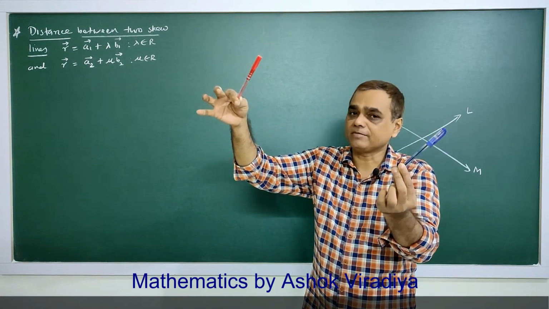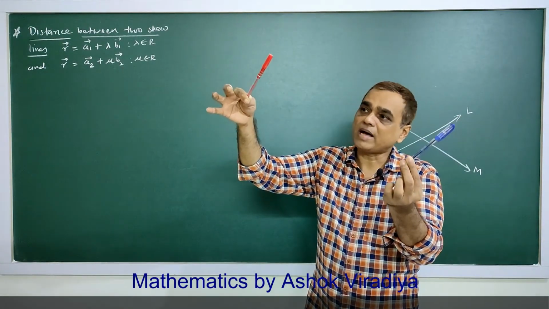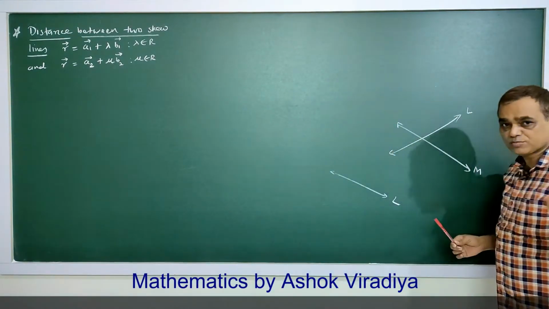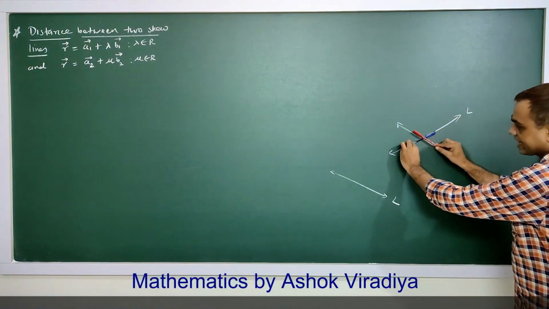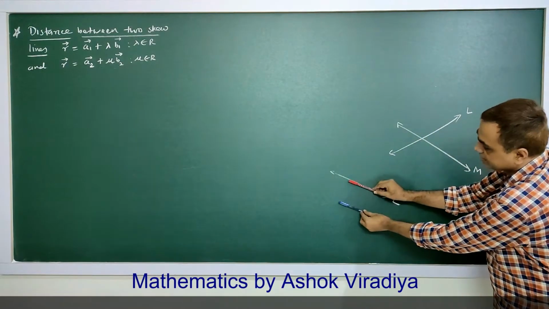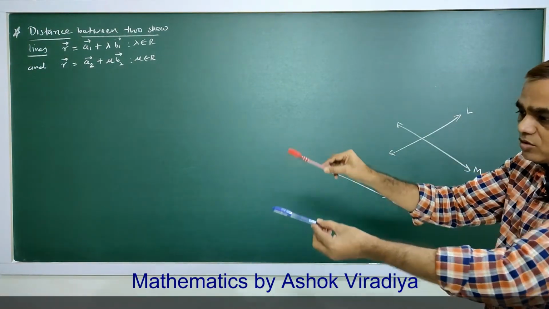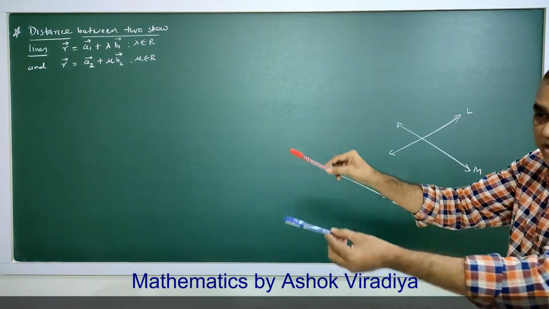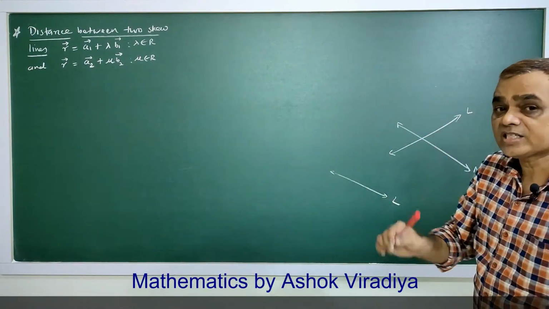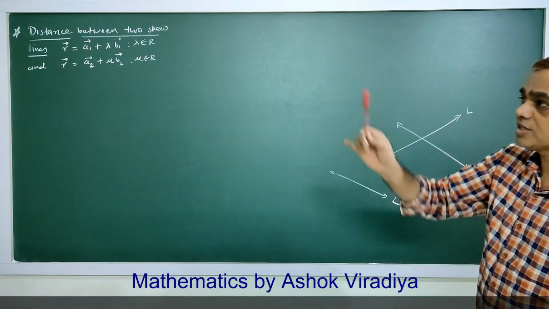They lie in the same plane. If lines are in the same plane, then there are two possibilities. Either they are intersecting, or if not intersecting, then distinct and parallel. So two possibilities for coplanar lines, either they are parallel or intersecting. But if lines do not lie in the same plane, then they are skew lines.